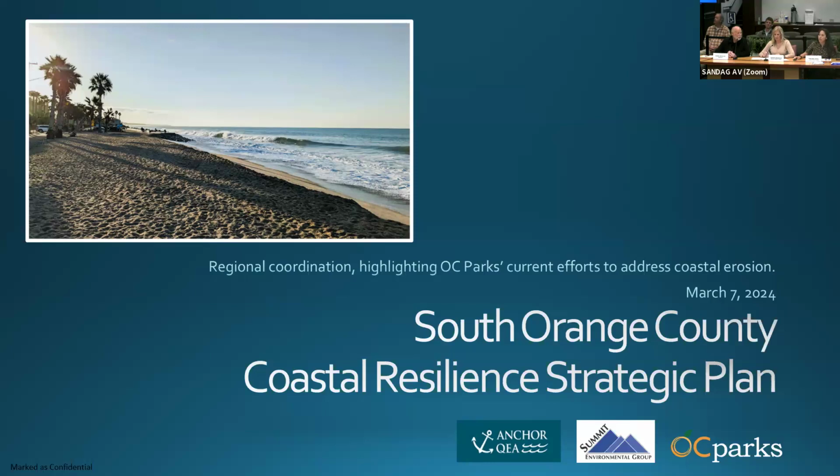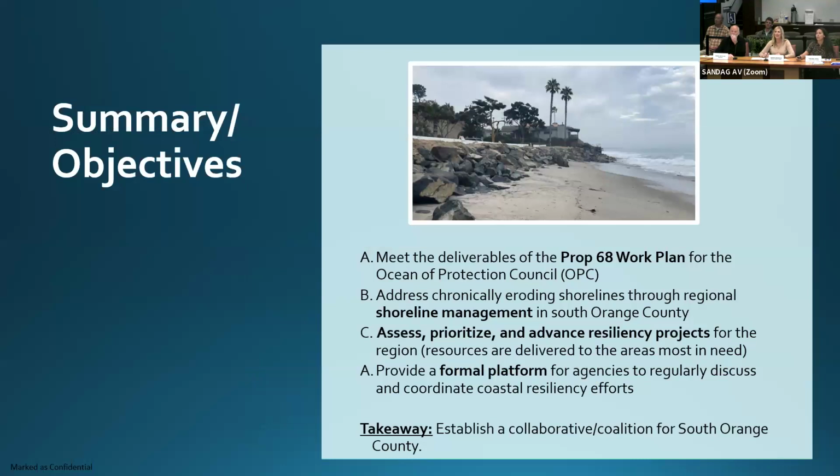So just first a little bit about the plan. Similar to Santa Barbara County and Ventura County, we have been encountering a lot of coastal erosion in South Orange County, particularly in San Clemente and Dana Point areas.